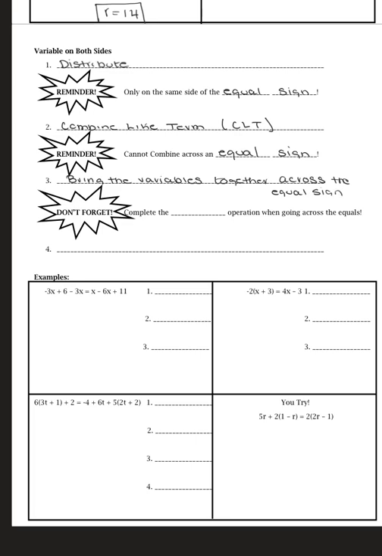What that basically means is that you have variables on both sides of the equation, and in order to solve, you have to have the variable on one side of the equation. So, of course, you have to complete the opposite operation when going across the equal sign. And then the final step is to solve. And that's a two-step equation.